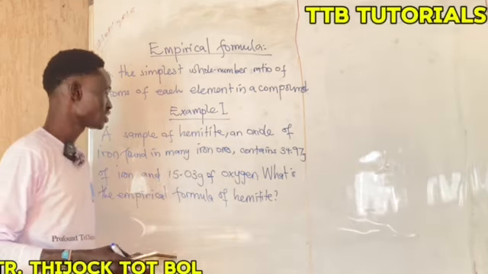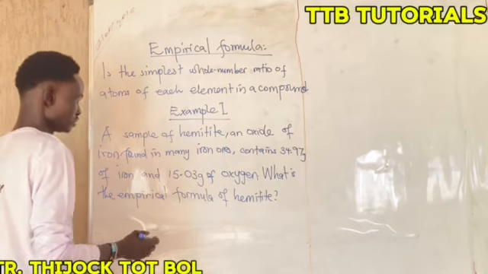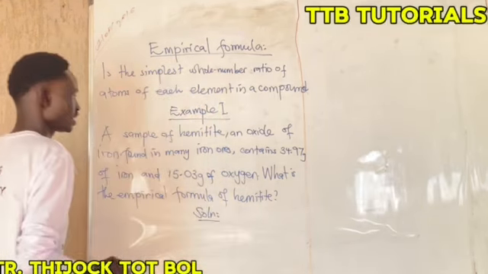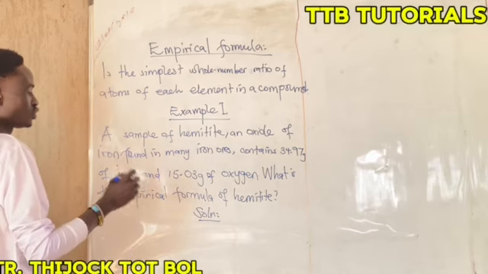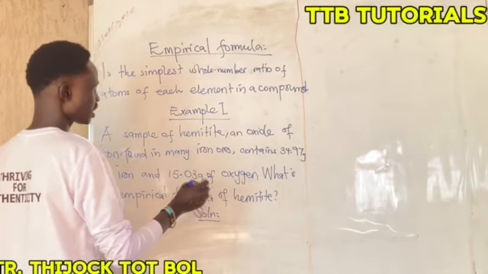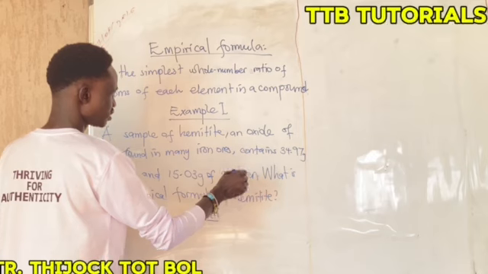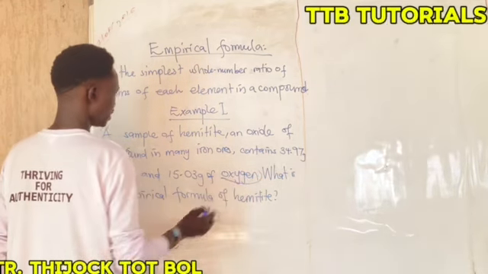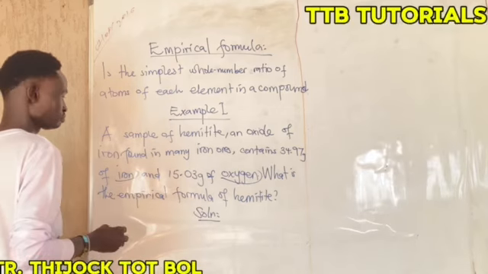So in this, since you are given grams, let us say solution. You are given two different elements inside hematite, the ones that form hematite. We have oxygen and also we have iron.